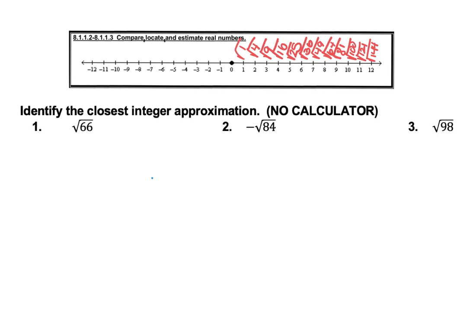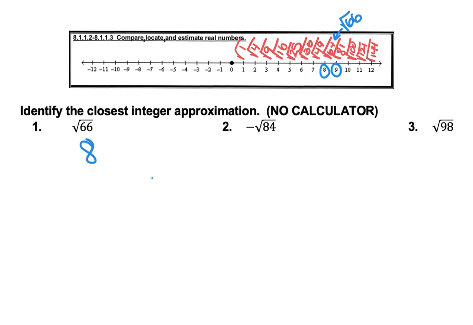So we're going to locate on our number line the square root of 66. The square root of 66 is between the square root of 64 and the square root of 81, which are the integers 8 and 9. Now, it is closer to the 8 than it is to the 9. So the closest integer approximation is 8.